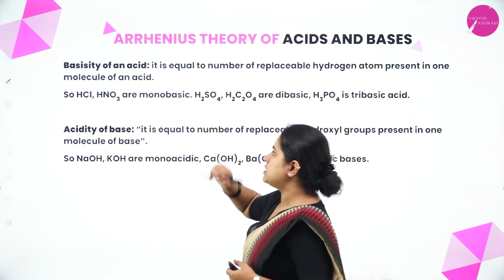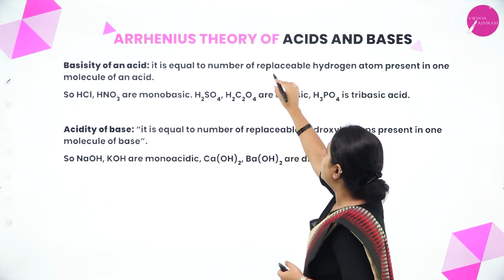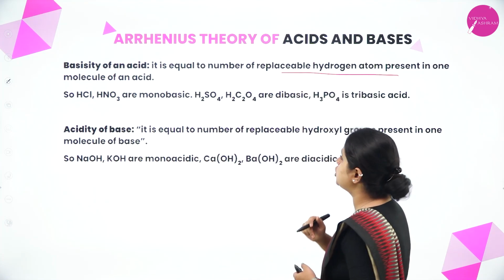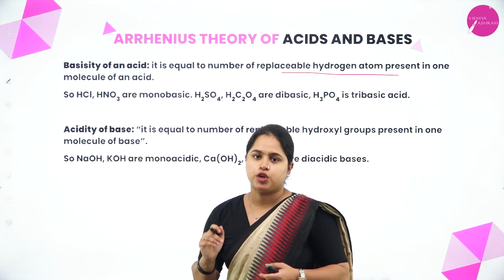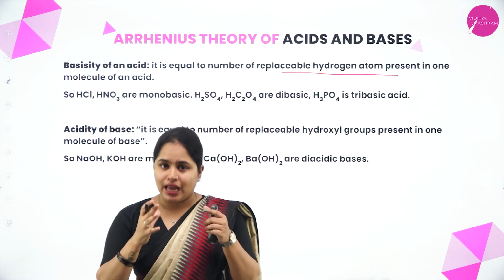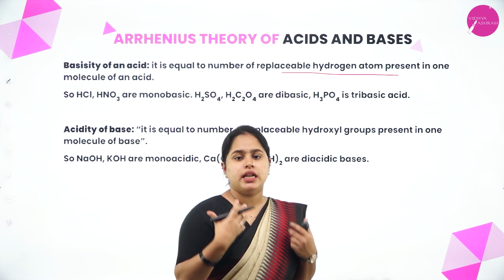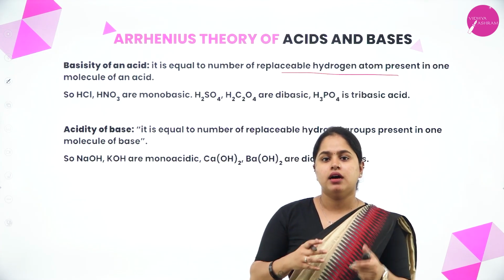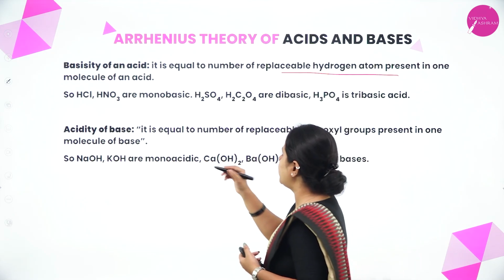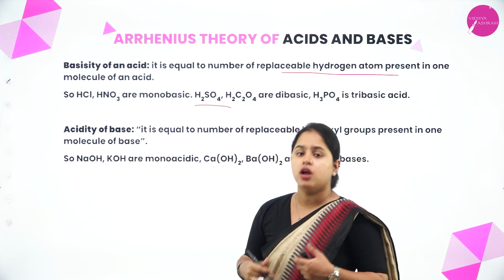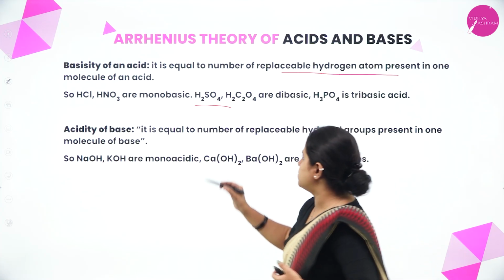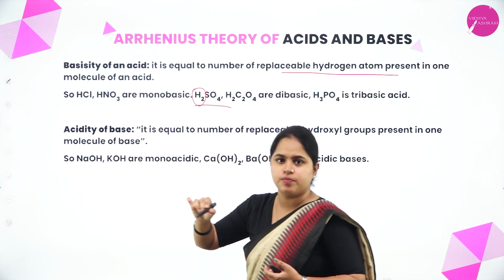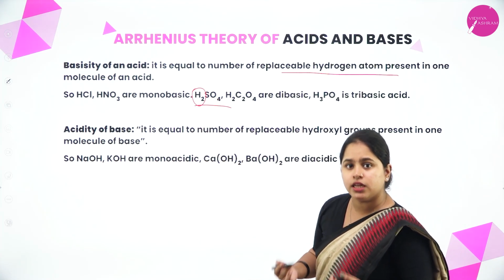Basicity of an acid is equal to the number of replaceable hydrogen atoms present in one molecule of an acid. For example, if we are taking H2SO4, how many replaceable hydrogen atoms are there? You can see it is H2, so 2. So the basicity will be 2, right?